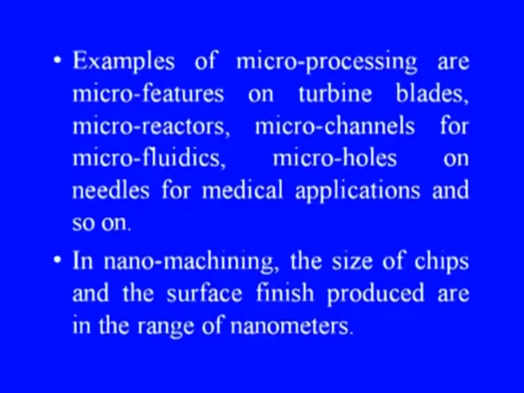Examples of micro processing are micro features on turbine blades, micro reactors, micro channels for microfluidics, micro holes on needles for medical applications, lab on chip, then heat exchangers, micro channels for heat exchangers and so on.